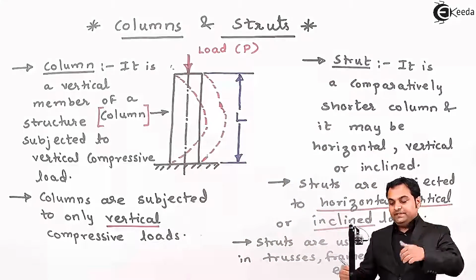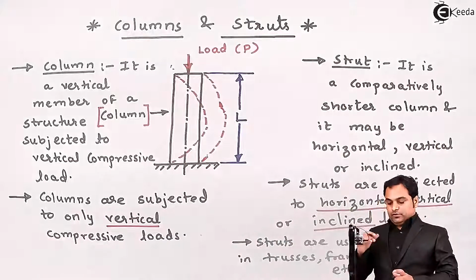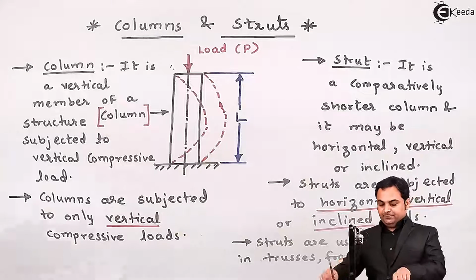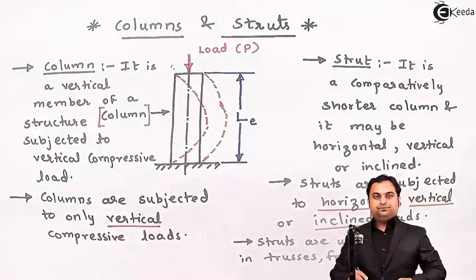Then the entire length of the column is bending. So the length of the column which is actually bending is called the effective length of the column.